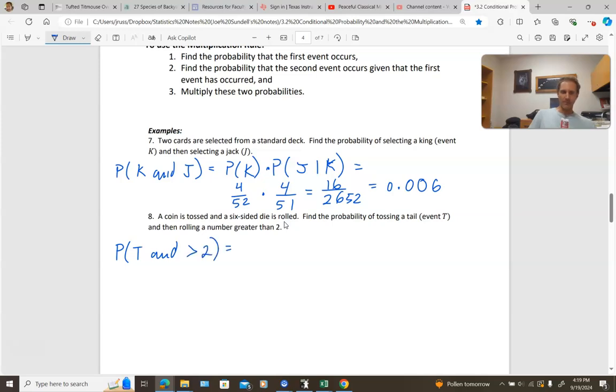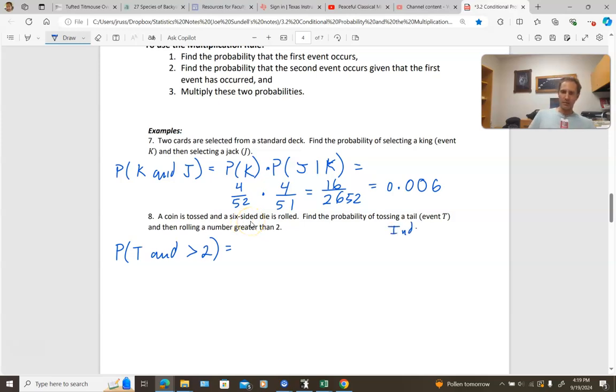Okay. Now let's think about the nature of these two events. Tossing a coin, regardless of the outcome, has no bearing on the outcome of rolling a die. Okay, so these are independent events.